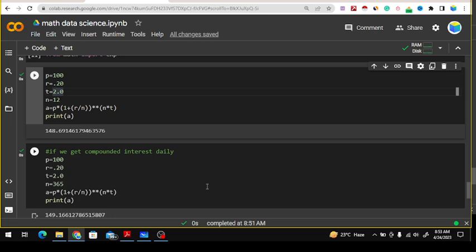So let's introduce Euler's number, e, which is approximately 2.71828. So here is the formula for compounding continuously.